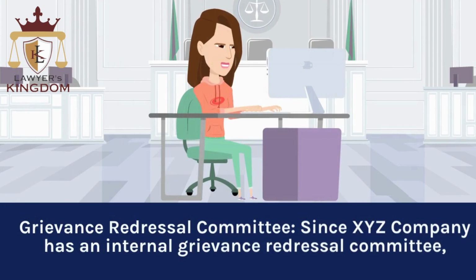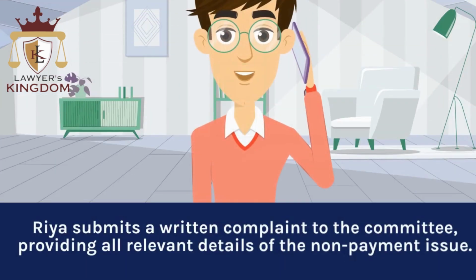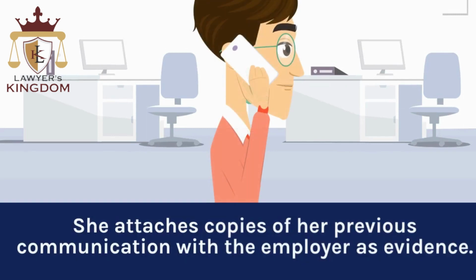Grievance Redressal Committee: since XYZ company has an internal grievance redressal committee, Ria submits a written complaint to the committee, providing all relevant details of the non-payment issue. She attaches copies of her previous communication with the employer as evidence.